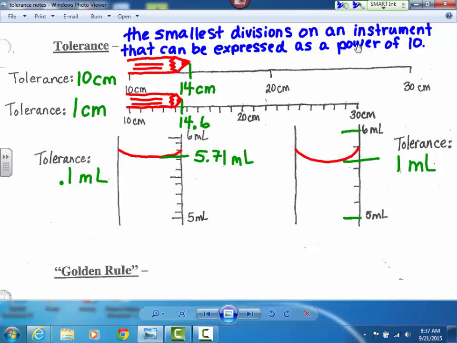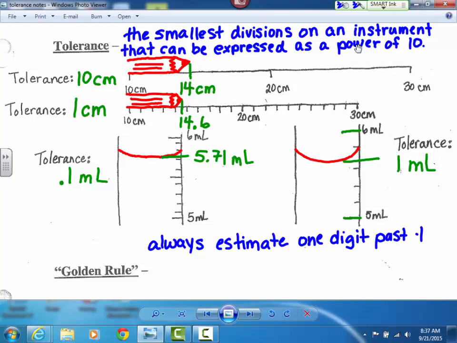The golden rule for tolerance says, always estimate 1 digit past, or 1 place past, the tolerance of an instrument. When you're taking your measurements, you always go 1 place past the tolerance of an instrument.